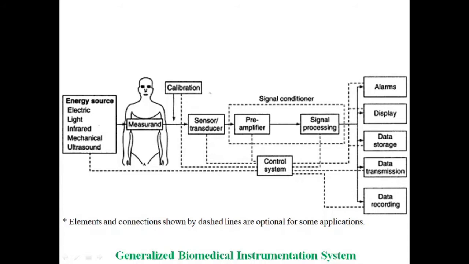It is required because the sensor or transducer output may not be at the level we require, and hence with pre-amplification we can amplify it, and then it can be signal processed. Signal processing could have different functions, and the pre-amplifier and signal processing together constitute a signal conditioner.